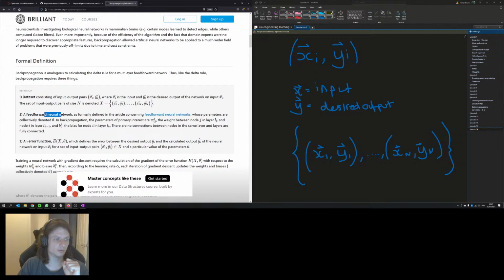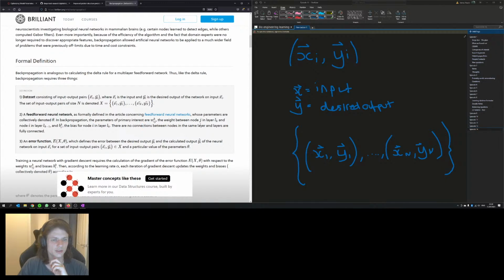A feed-forward neural network is required, as formally defined in the article concerning feed-forward networks, whose parameters are collectively denoted as theta. In backpropagation, the parameters of primary interest are W with index k, ij, the weight between node j in layer k and node i in layer k minus 1, and b k the bias for node i in layer k.